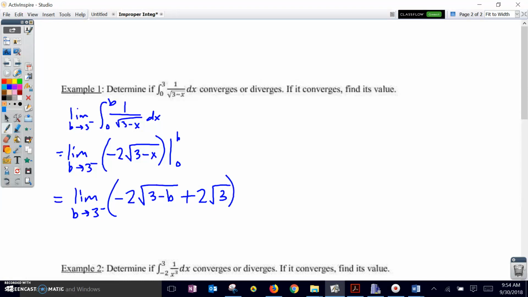And now we find this limit as b approaches 3 from the left. 2.998, 2.999, etc. Well, as b approaches 3 from the left, this term just approaches 0. And so the limit of this is going to be equal to 2 square root of 3. And so this integral converges, and it converges to 2 square root of 3.